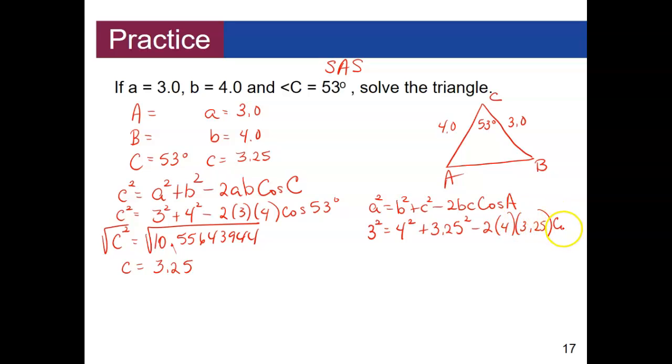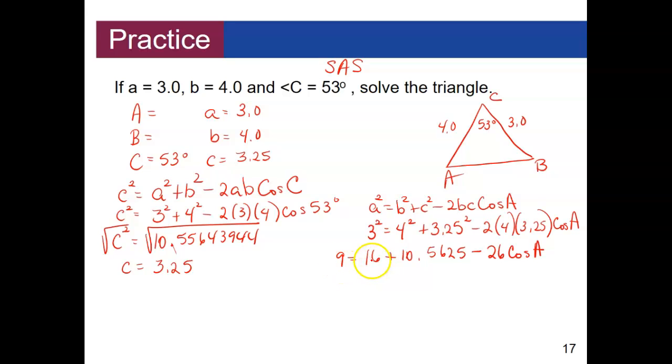And then we're going to have the cosine of angle A. So we'll have 9 is going to be 16 plus 10.5625 minus 26 times the cosine of angle A. I'm just going to combine this into one step.